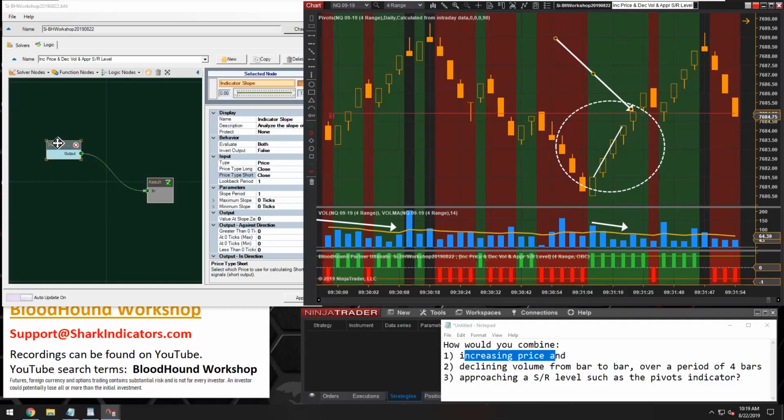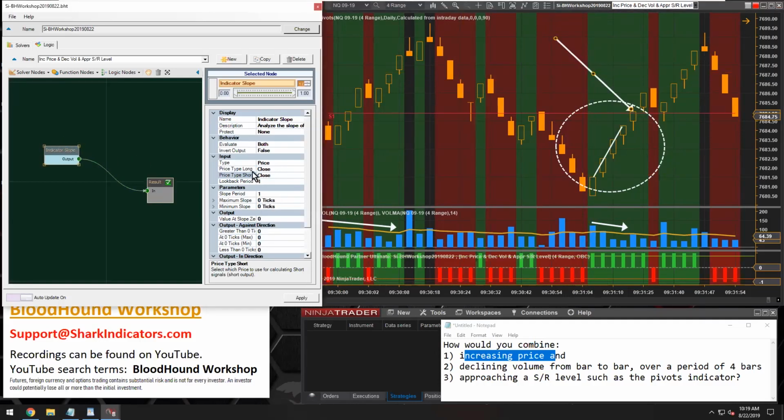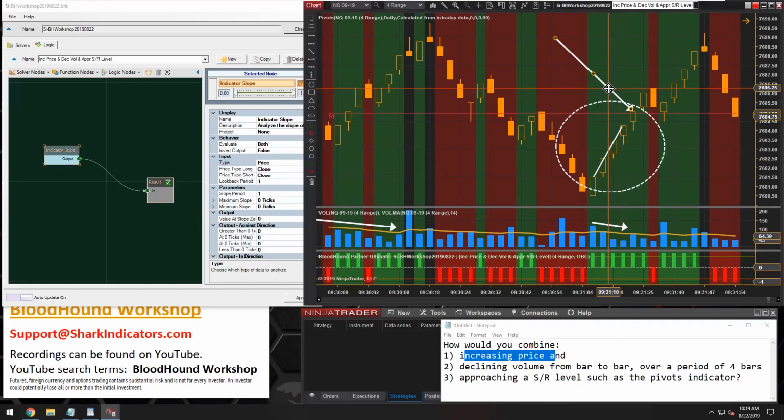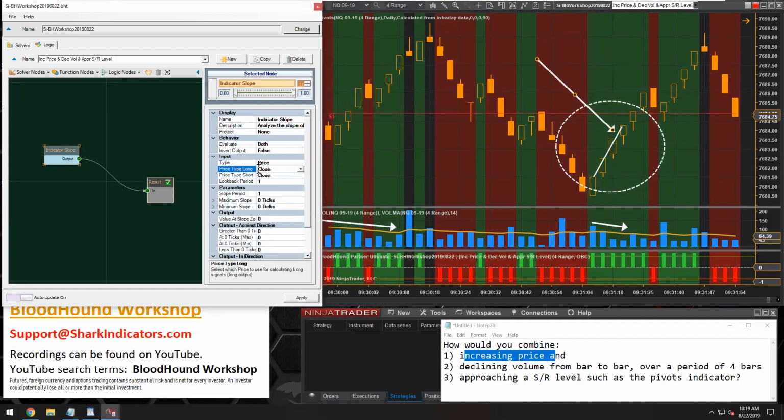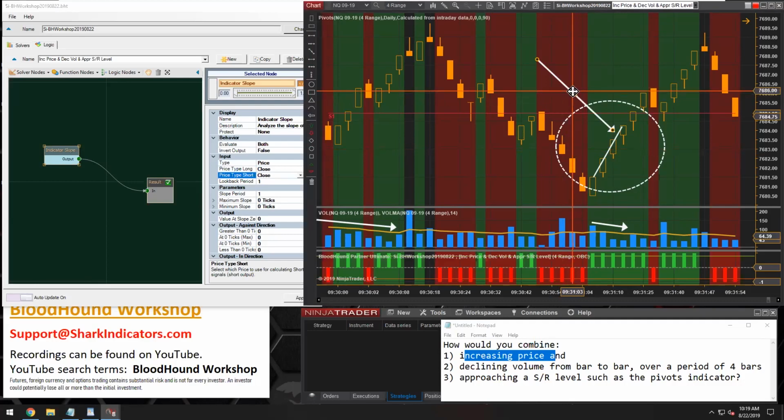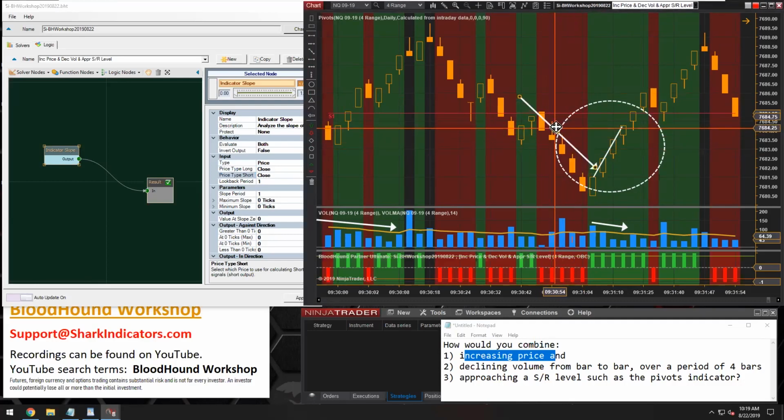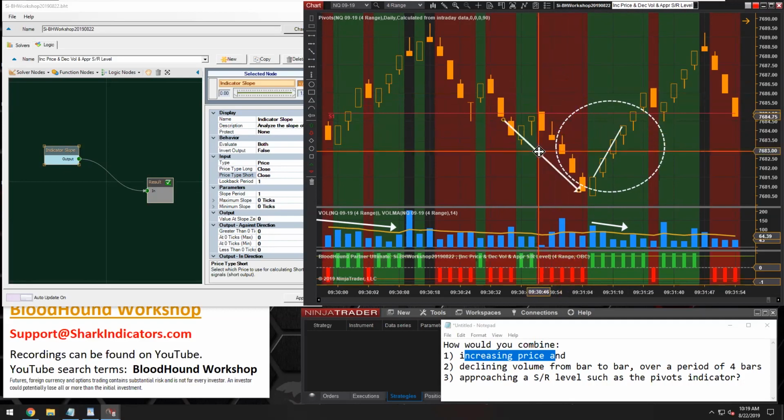And so the slope solver just allowed us to plug in one input for that. If you think of it, what is the slope solver looking at? Well, since I'm using the closing price of the bar, it's literally looking at this line. This line is connecting all the closing prices of the bars together.